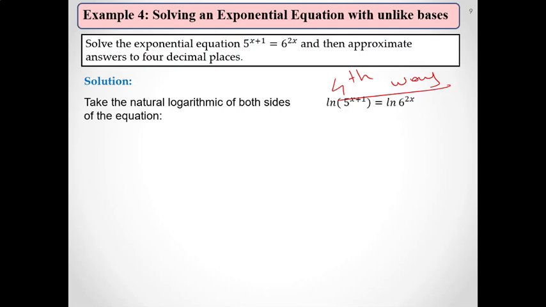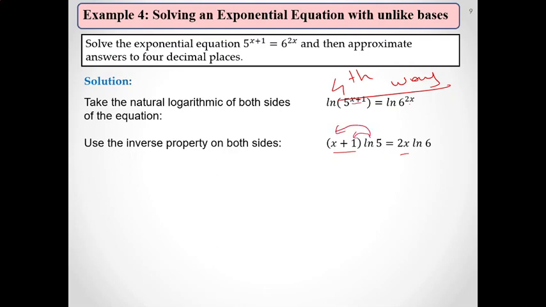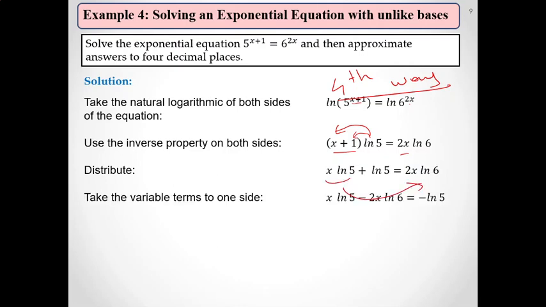Just take the ln of both sides. This is just logarithm base e. And then it brings x plus 1 down here, and a 2x here. And then what's next? You have to multiply and distribute and collect x terms on one side. So send this one to the other side, you see.